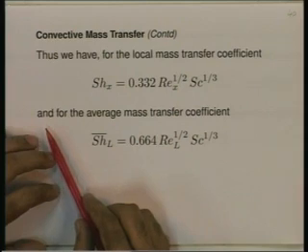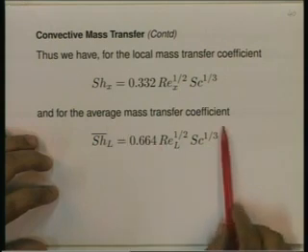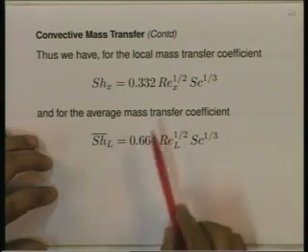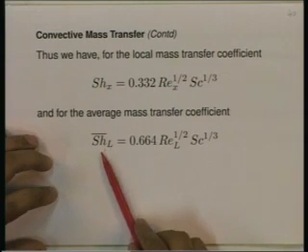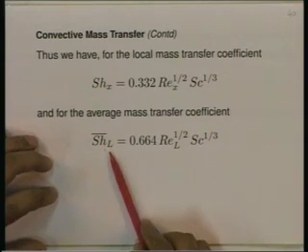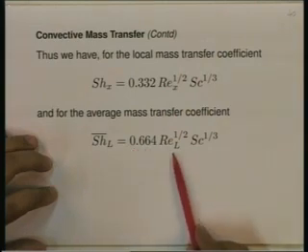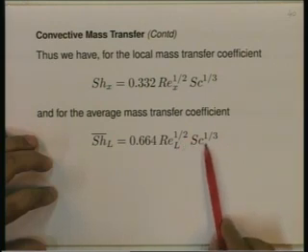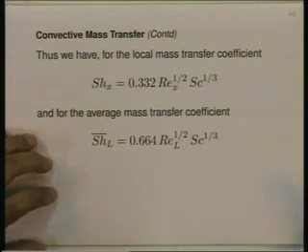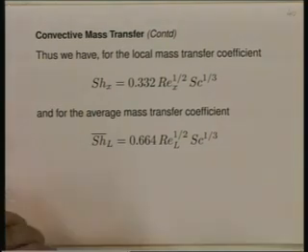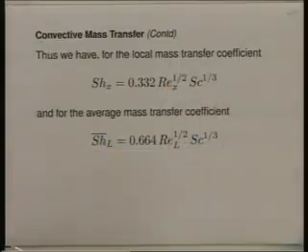And if you average out the local mass transfer coefficient and get the average mass transfer coefficient, that can be expressed in terms of the mean or average Sherwood number over a length L, and that will be 0.664 into ReL raised to half into Schmidt number raised to 1/3. Notice the similarity of these equations with the equations for Nusselt number in terms of Reynolds number and Prandtl number.